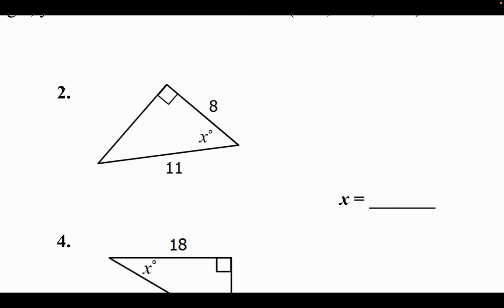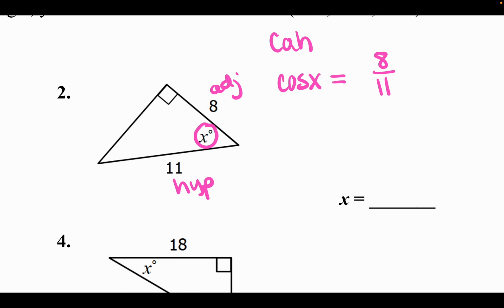Okay, number 2. Here's our reference angle. That makes 11 your hypotenuse, 8 your adjacent. There is no opposite in this one. So that is cosine. So cosine of x equals 8 over 11.